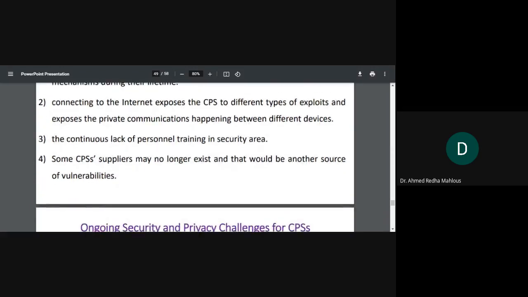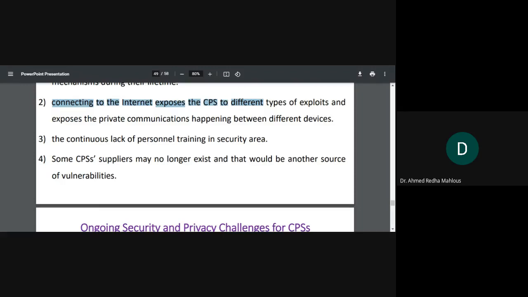Another type of challenge is connecting those CPS devices to the internet, or any other device. This applies to any other device, but our topic is about CPS. Once you connect those CPS devices or machines to the internet, you are putting those devices at risk, because there are many attacks on the internet.